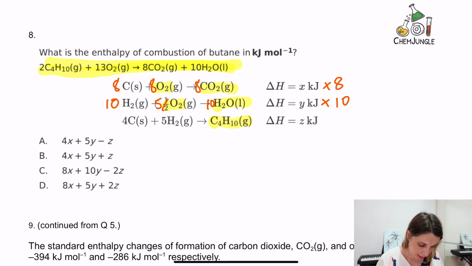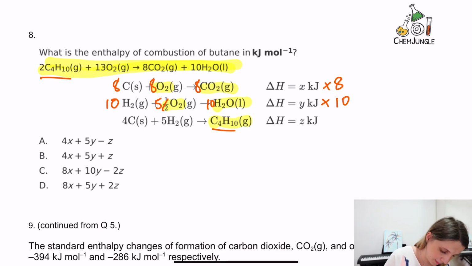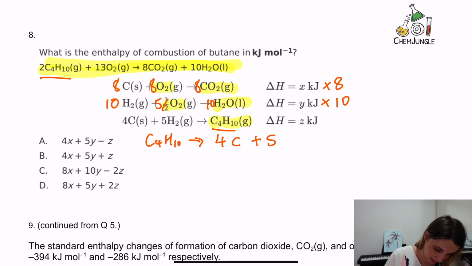And then in this last one, if I compare it, I can see that I've got my butane in both, but it's on the other side. So in this case, I need to flip the equation over. So I'm going to make it C4H10 goes to 4Cs plus 5H2.